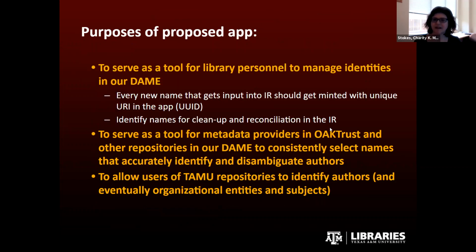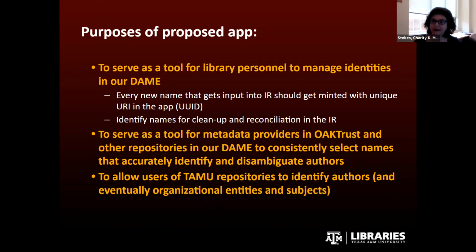Now, the purposes of this proposed app would mainly be to serve as a tool for library personnel to manage identities in our DAME. So every new name that gets put into the IR, that includes Fedora as well as OAKTrust, should get minted with its unique UUID.